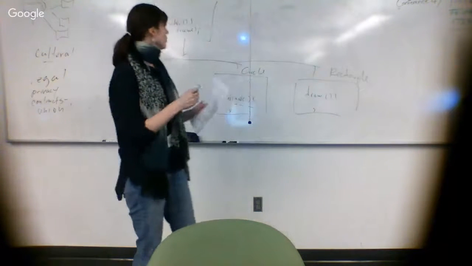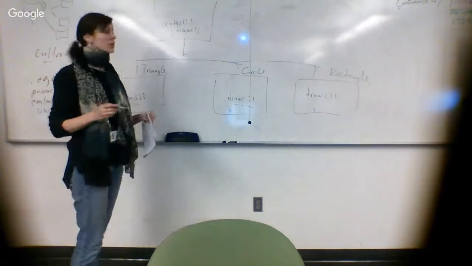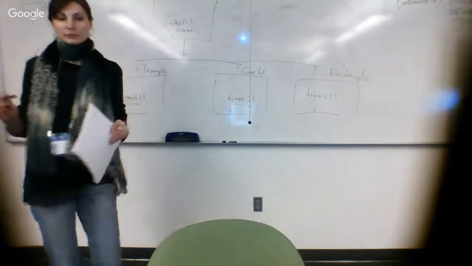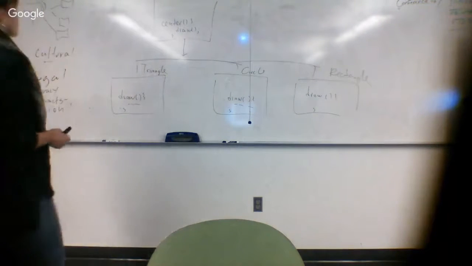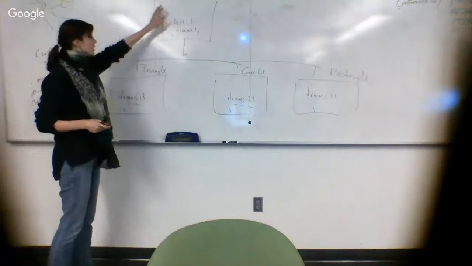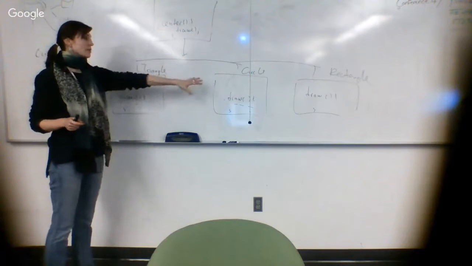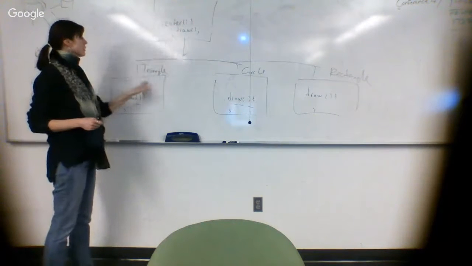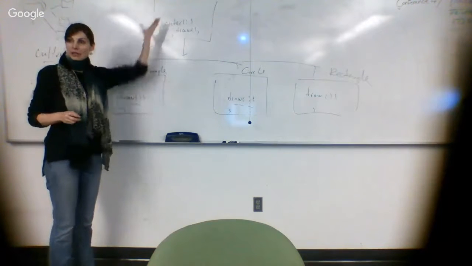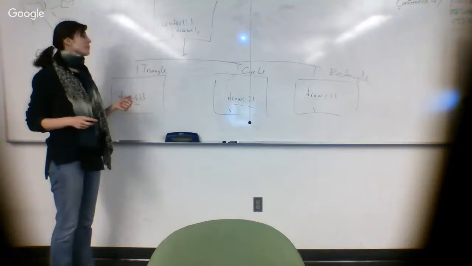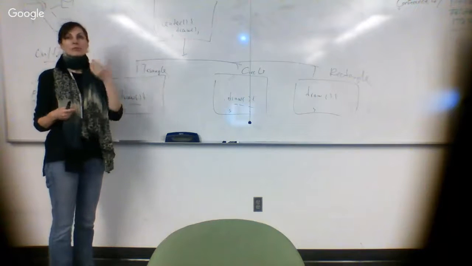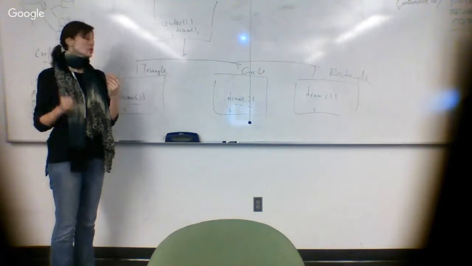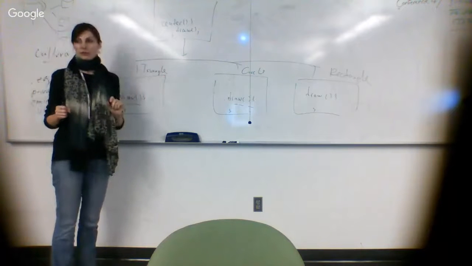And here is an example to show how this works with a diagram. This is a figure class, the base class, and then we have the triangle, circle, and rectangle inheriting from figure, or shape. All these classes draw the shape in question on the screen, so they all have a draw method, right?